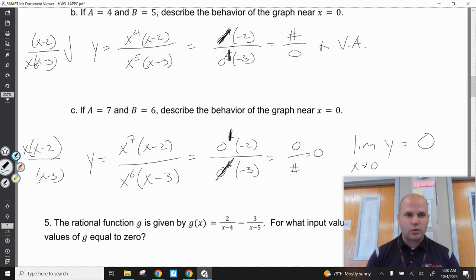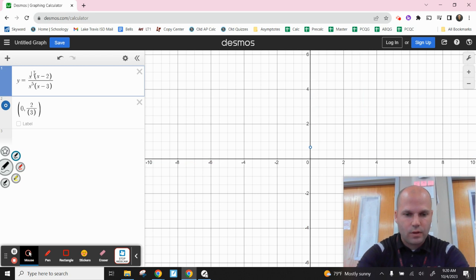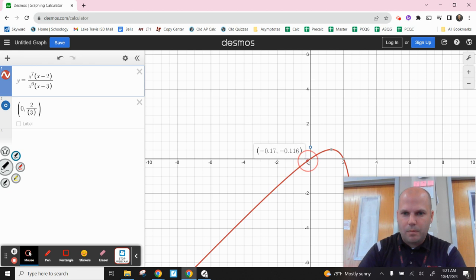You'd be correct with this one, but if you think we have a point at 0 because of your simplification, you'd be wrong. And I'll show you if I change this to x to the 7th, and this is x to the 6th, you might say, oh, I have a 0. Mr. Master, what are you talking about? But look at what I would get right here at 0, undefined.